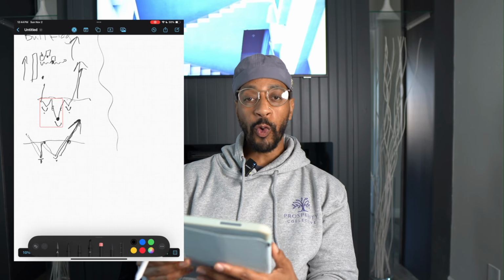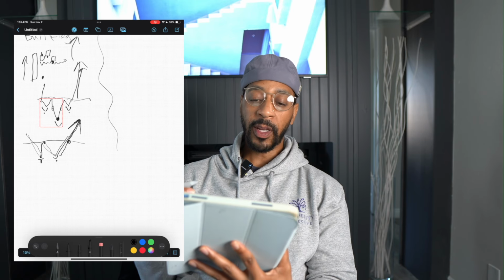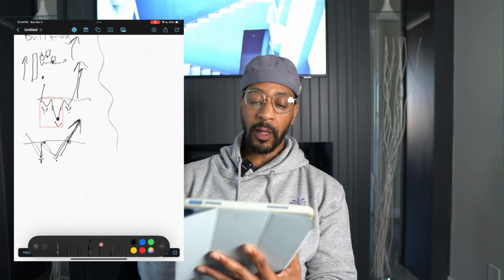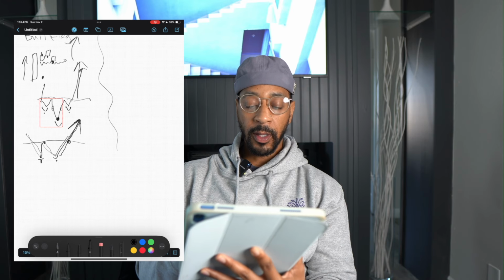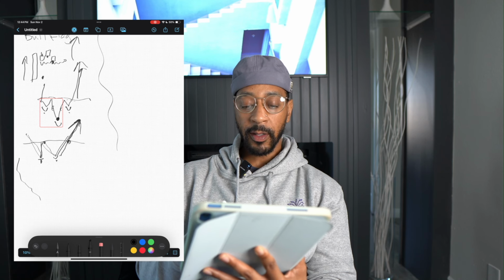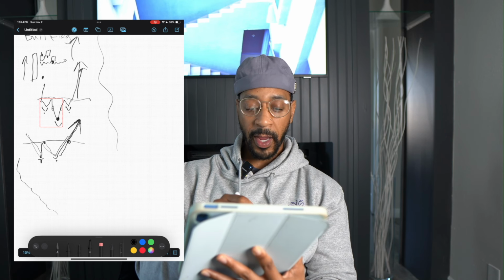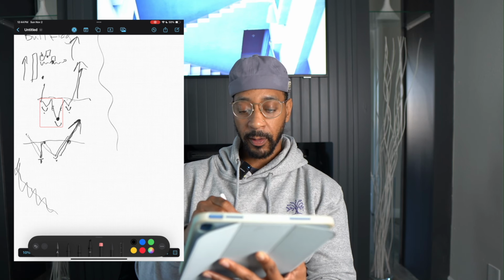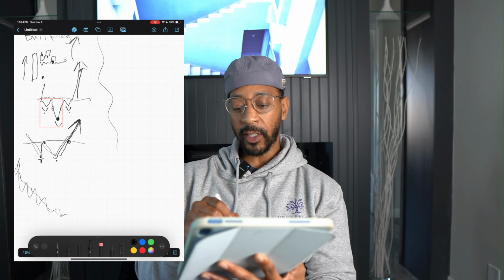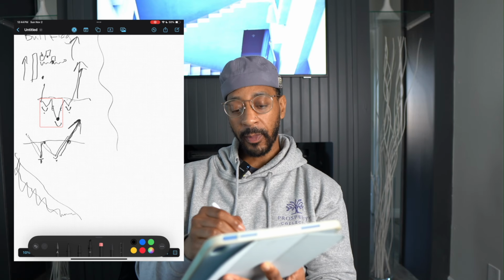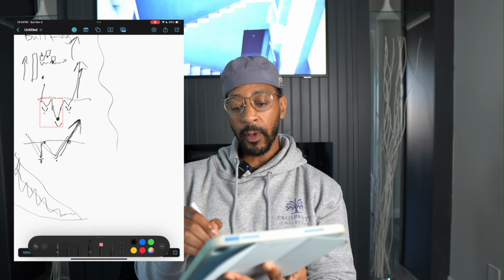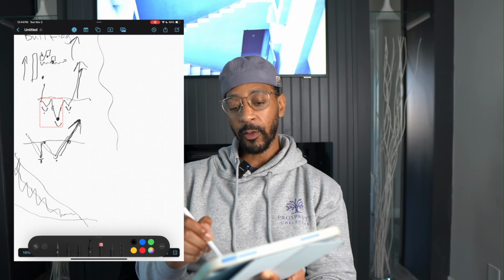And I'm going to give you guys one more. I'm going to give you guys a falling wedge. What is a falling wedge? A stock is in a downtrend, okay? But then it starts forming, like squeezing, and it starts to form a wedge, right?